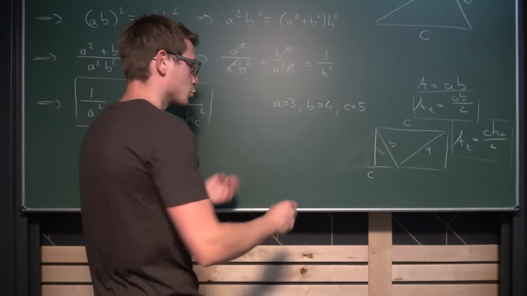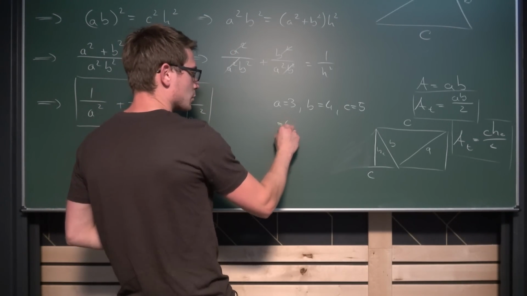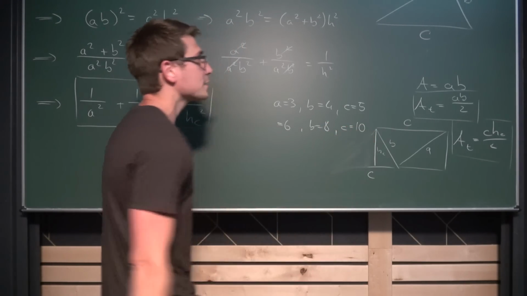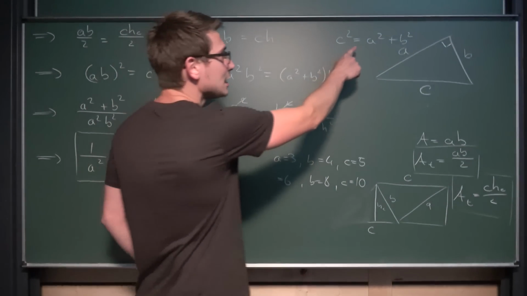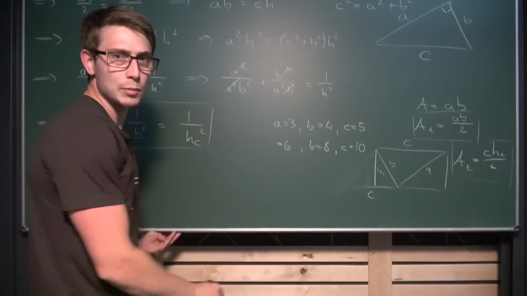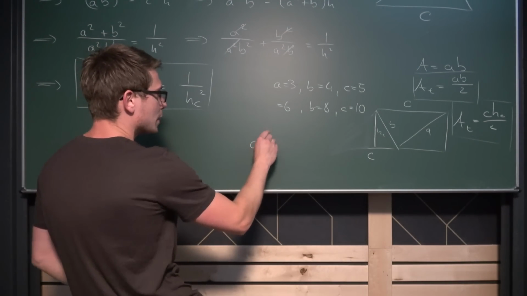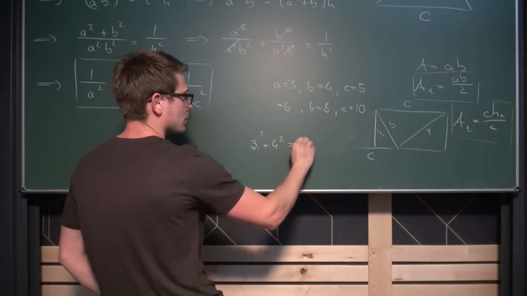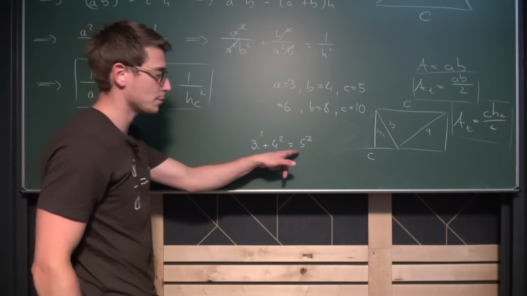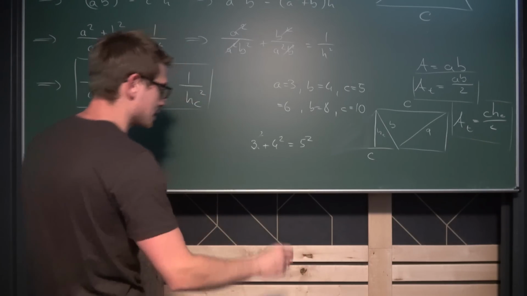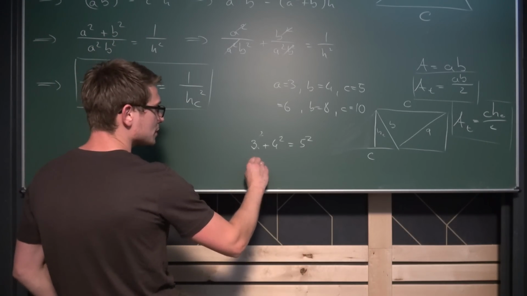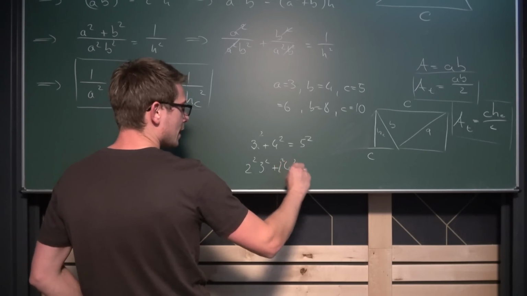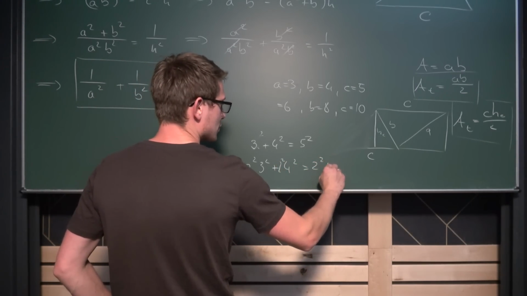And remember one thing about Pythagorean triples, namely that integer multiples of all those are also a Pythagorean triple. For example, a is equal to 6 and b is equal to 8 and c is equal to 10. This just follows directly from the Pythagorean theorem, because if we have 3 squared plus 4 squared is equal to 5 squared, we can multiply both sides by 2 squared, giving us 2 squared times 3 squared plus 4 squared times 2 squared is equal to 2 squared times 5 squared.